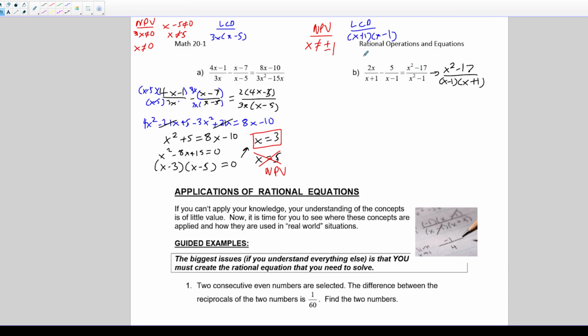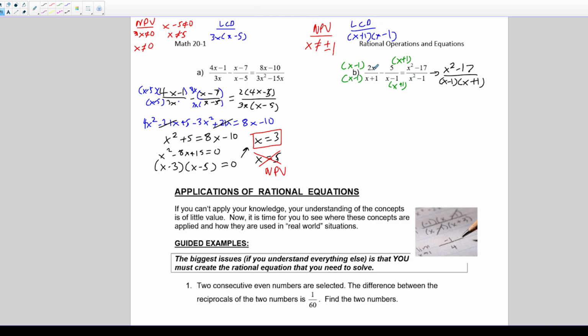So starting us off, we can see that we need to multiply the first rational by x minus 1 on the bottom, and the second one you need to multiply by x plus 1. And then this rational on the right-hand side is unchanged.